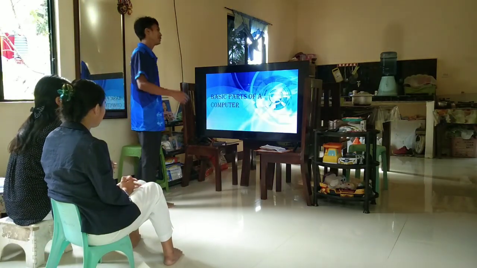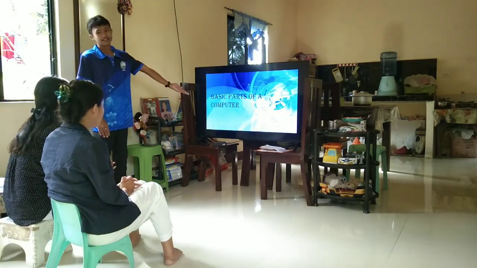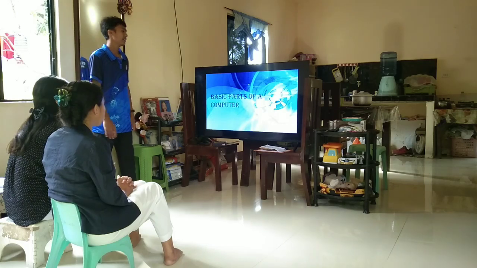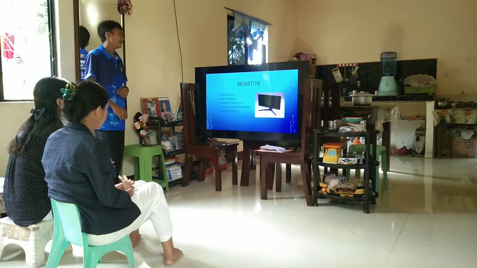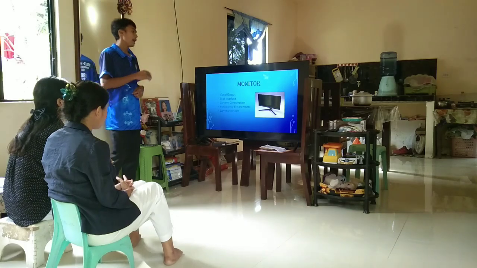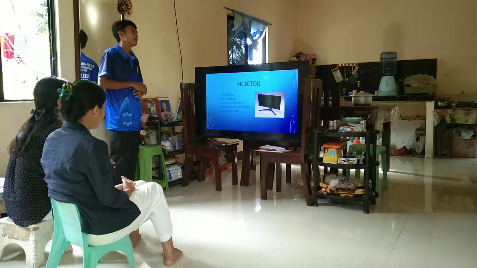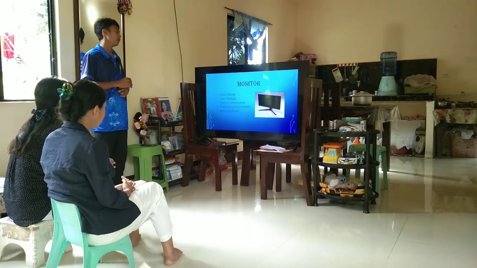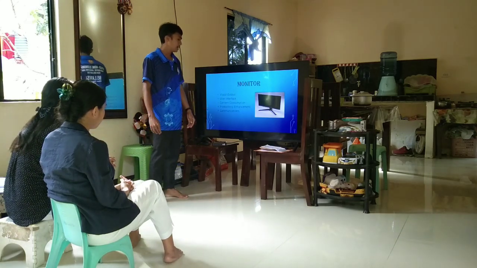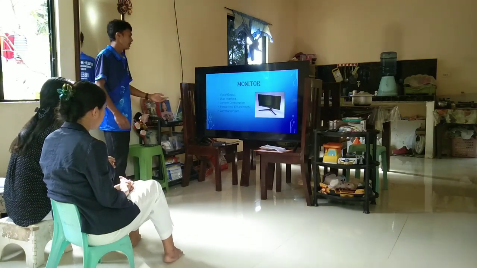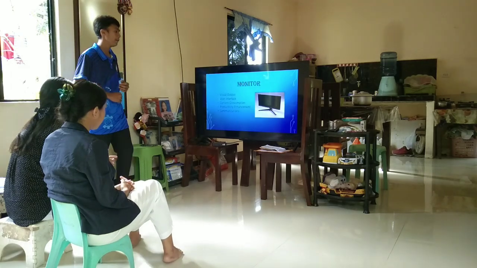So at this juncture, we are going to proceed to the basic parts of a computer. Okay. So the first one we have is the monitor. A monitor is a basic part of a computer. Here, the bulleted words are the short definitions of a monitor.